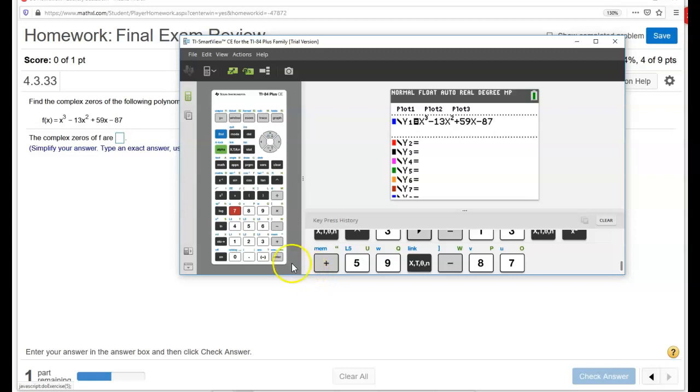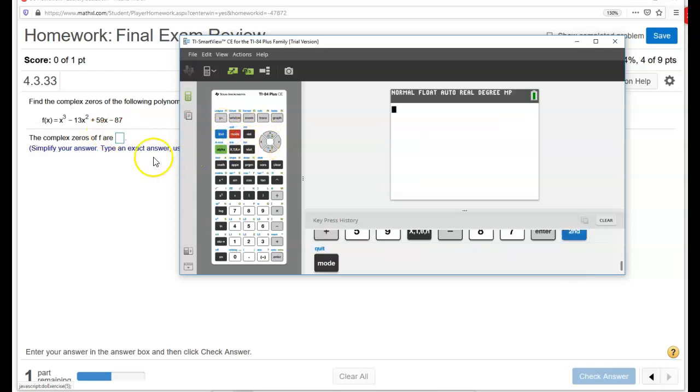All right, and enter. Now remember, hopefully you do, that when we're finding those possible rational roots, we can take all the factors of the constant term, and we can divide it by all of the factors of the first term. All the factors of this last term, we'll go ahead and break that 87 down, and then the leading coefficient is just 1, so everything's going to be divided by 1 or -1, so we'll just look at all the positive and negative factors of 87.